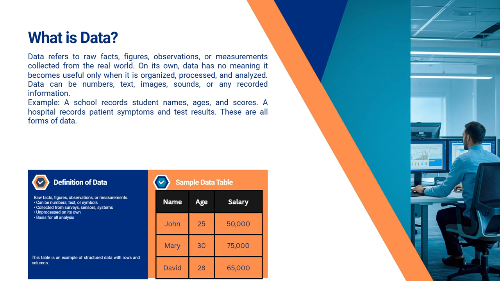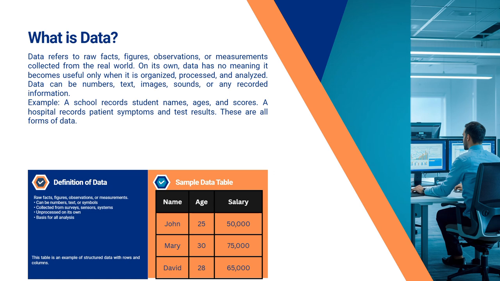All this provides useful information. For example, a school record can have student name, student age, student scores. Hospital records can have patient symptoms, test results. All these are forms of data. Even the x-rays and scans are sources of what we call data.